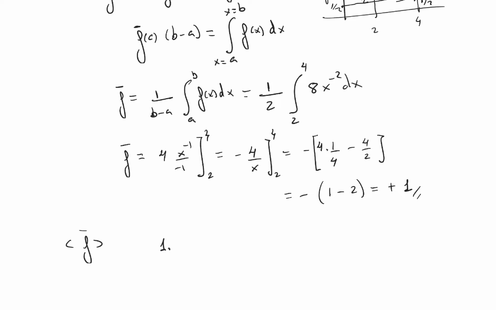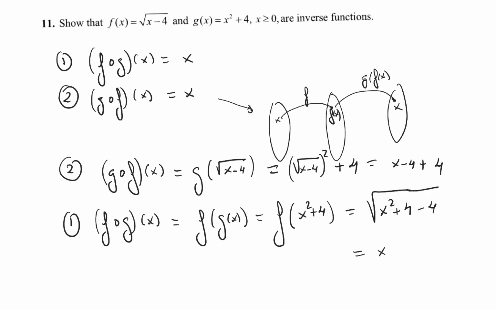The average is 1 by b minus a, is the area of the rectangle. So the area will be 4 minus 2, which is 2. The area is 2. And the area from 2 to 4 of the function a divided by x squared dx should be also 2. You check. Okay, next problem.